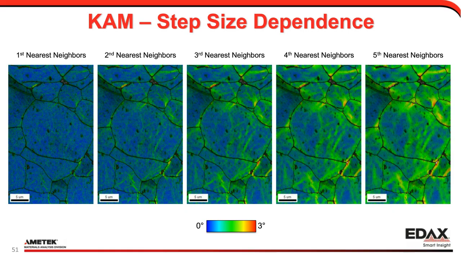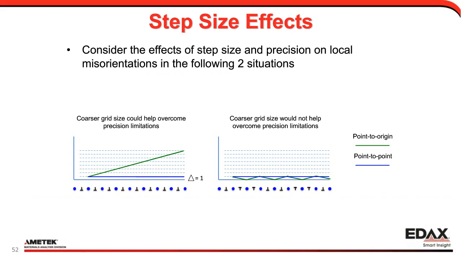So why does this happen? One reason is a precision issue, which I referred to and will come back to, but it is also because of the relationship of SSDs. Imagine that you had a row of dislocations. You measure the misorientation at one side, and you measure the misorientation of the other side, and from those you calculate the GNDs. With a coarser grid or larger step size, you would pick up the misorientation well, as indicated by the green line.